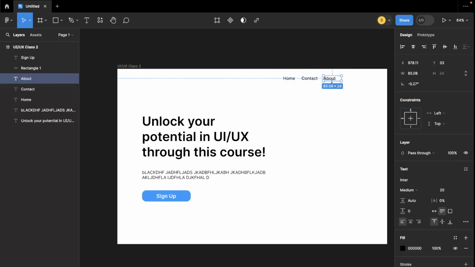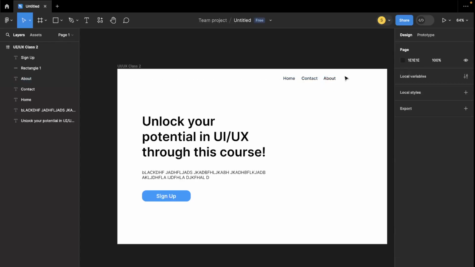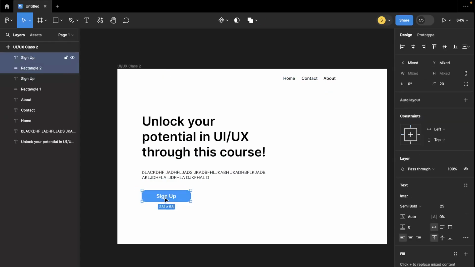Look at the spacing, change it and see, Figma will guide you. And then again we'll have the sign up button. Usually we'll have some sign up button there, right? So copy paste this, same Control V, and put it over here.